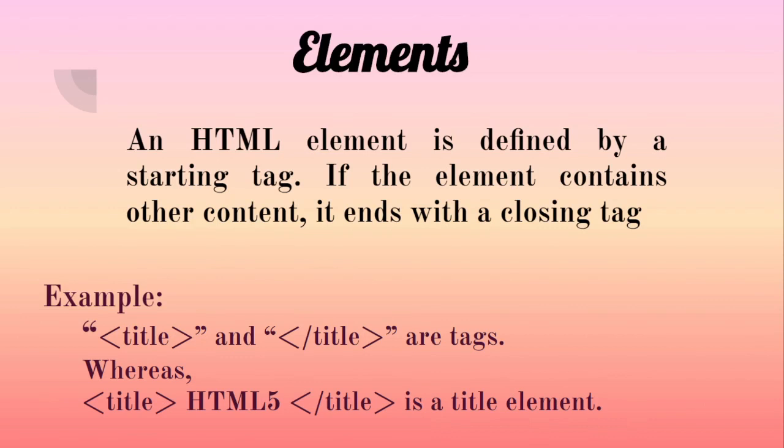Think of it this way: an HTML element represents the document structure, while tags are simply a part of the HTML syntax. For example, here opening title and closing title are the tags. But as we know, an element is the collection of start and ending tags with the content inserted in between them. So the opening title with content and closing title is a title element.